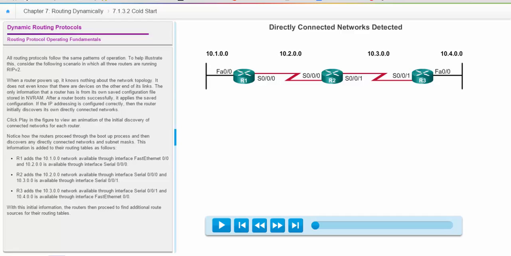After your router boots successfully, it applies the saved configuration, and if the IP addressing is configured correctly, then your router initially discovers its own directly connected networks. Those are the ones that are plugged in directly to it. After that point, it's going to start learning the routing information from its neighbors.